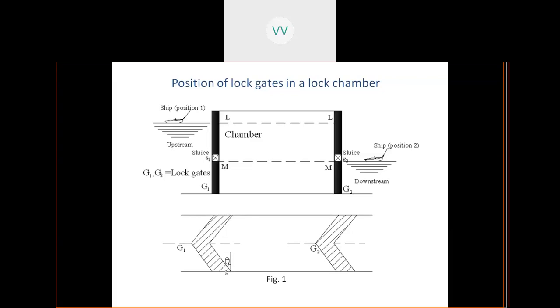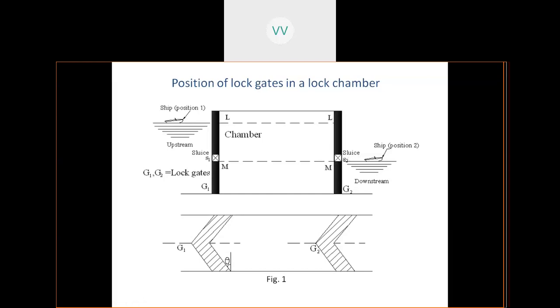Now ship position 1 is shown to us. With reference to this figure, these are sluice 1 and sluice 2 for letting out or letting in the water.